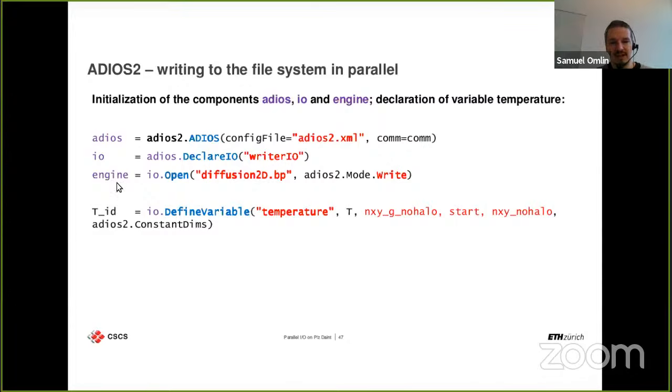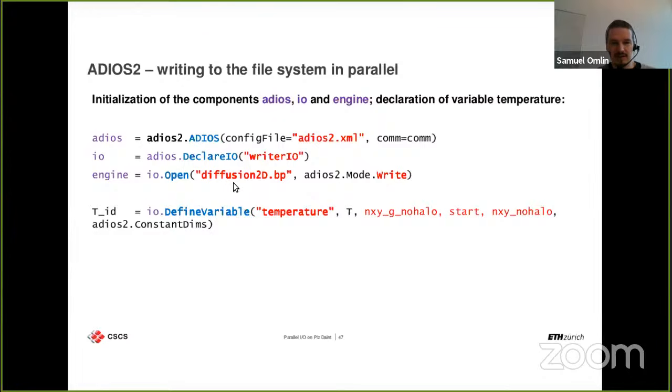Then we create the engine, which, as I mentioned before, says how we actually write things concretely, or what we do concretely with it. So we do write, and here we specify the file name.